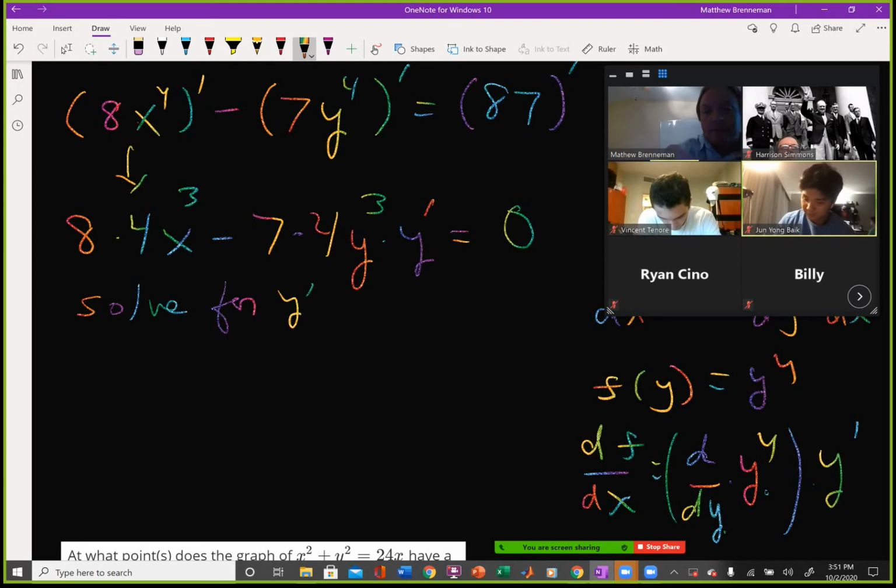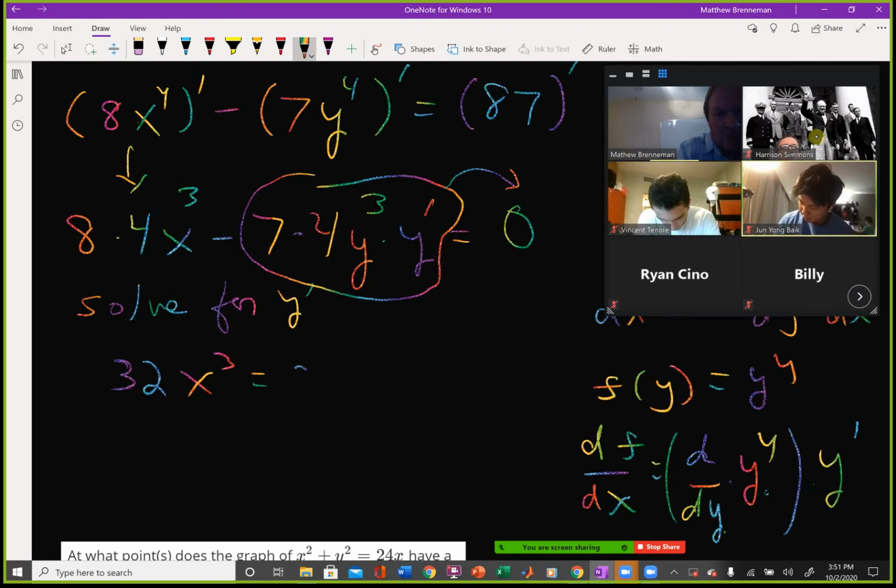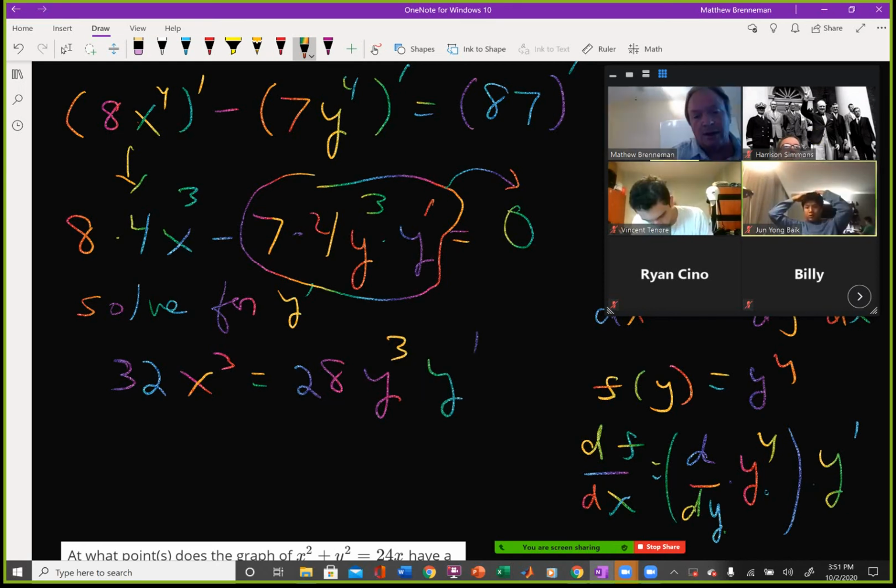So I'm going to bring all the y prime terms over to one side. It doesn't really matter which side you use. I'm just going to use this one. So now I have 32x cubed is equal to 28y cubed y prime. I did that deliberately because now I can just divide both sides by 28y cubed.